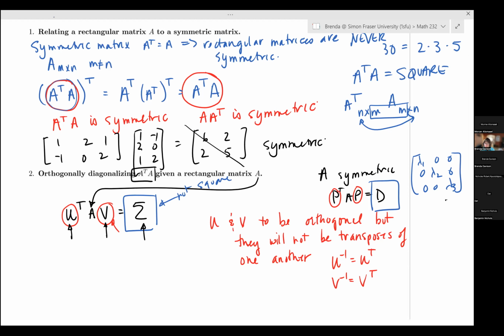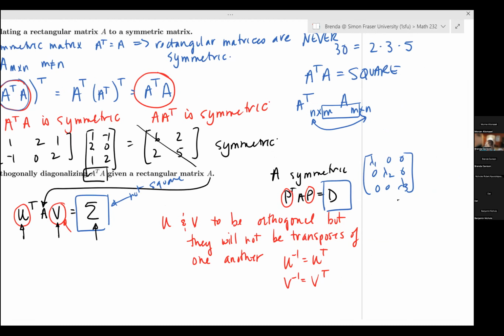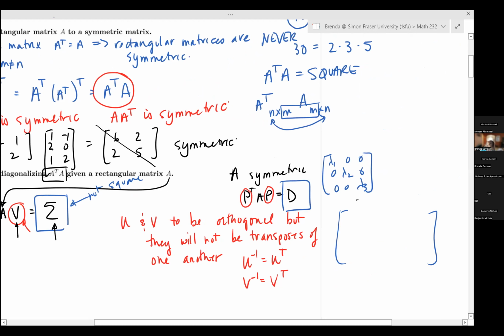But it will still have the concept of a diagonal, like this, sigma 1. It has the concept of a diagonal, but not quite. It's not symmetric, but you can still kind of do this.